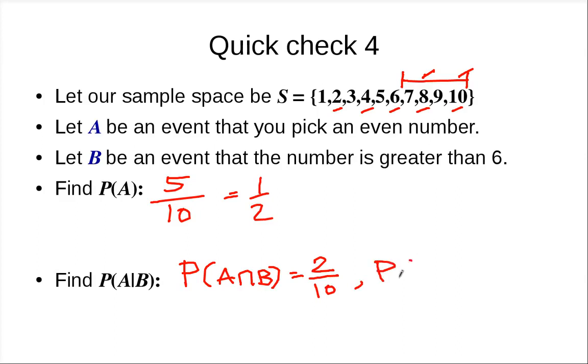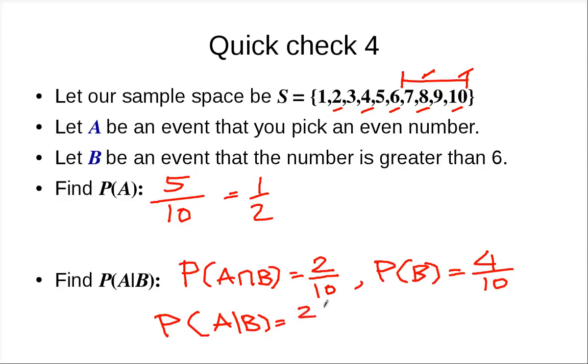The probability of B, picking something greater than 6: you have 10 numbers, and 4 numbers are good for you, so 4 over 10. The probability of A given B is thus 2 over 10 over 4 over 10, and that's 1/2. All right.